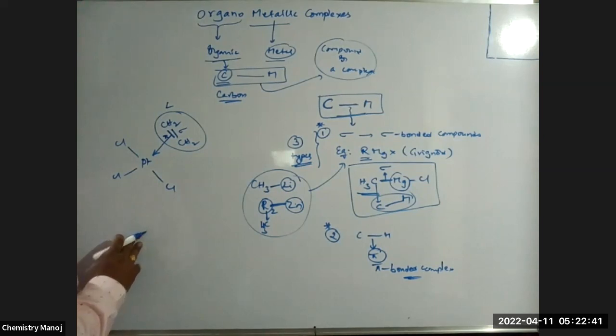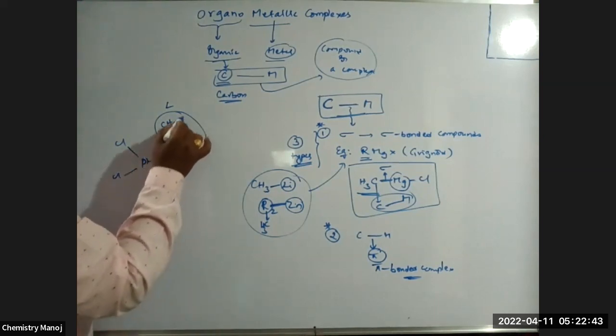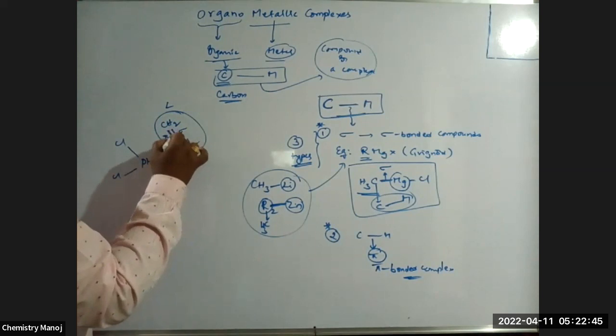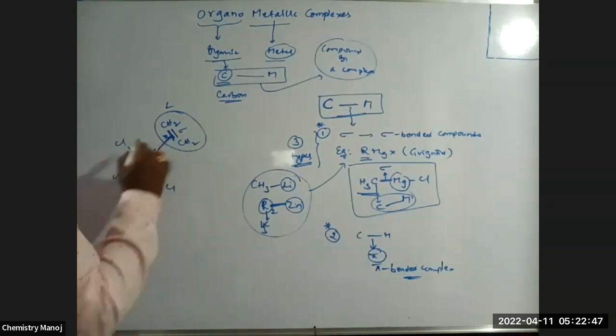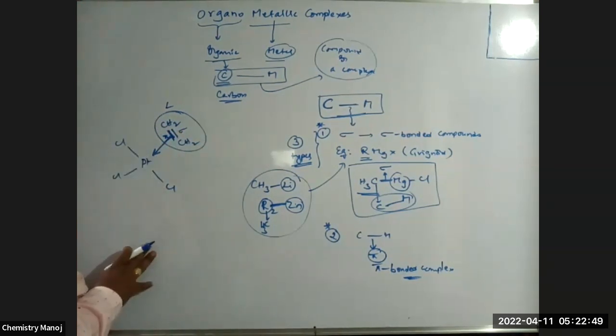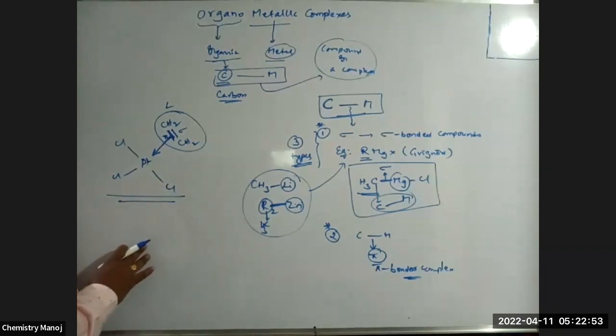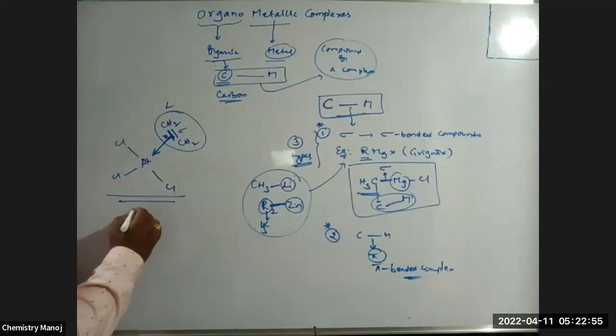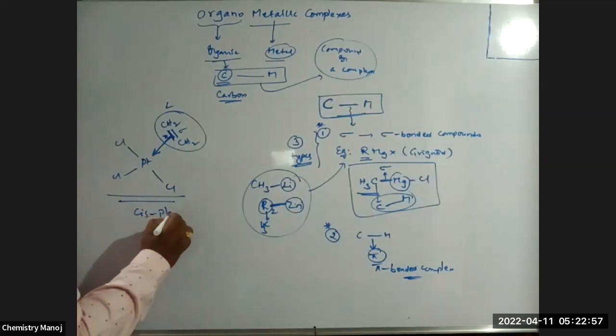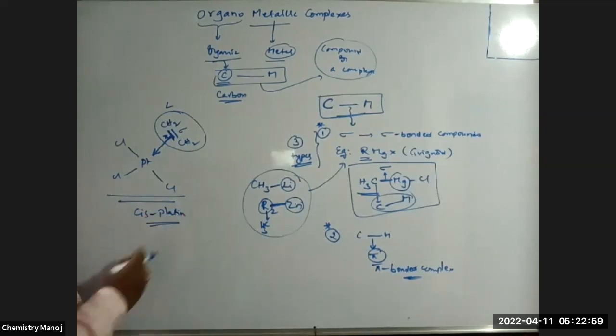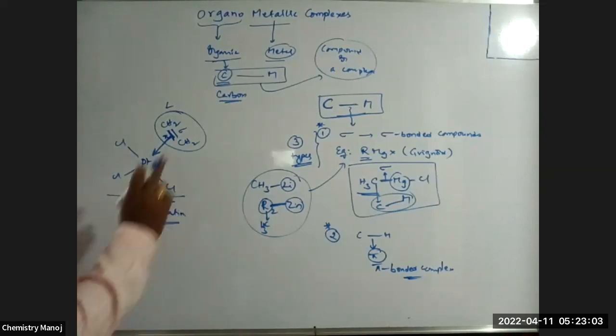From the ligand, pi bonded electrons are involved in complex formation. That is why this type of compounds are called pi bonded complexes. It is nothing but cisplatin. Cisplatin is the best example of pi bonded compounds.